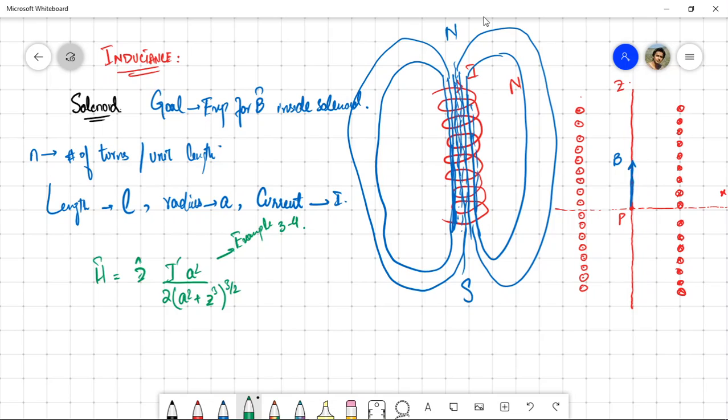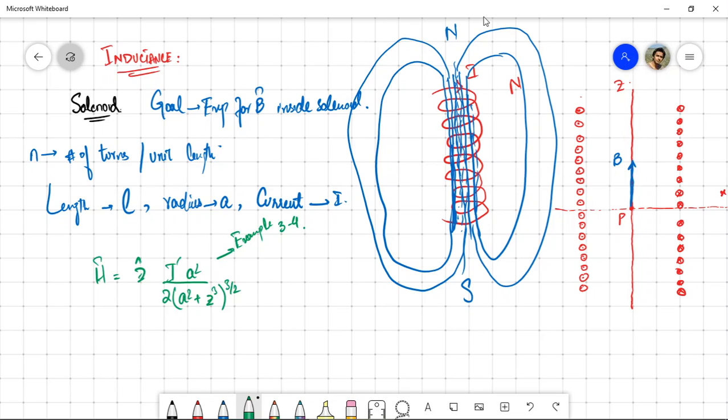This was the equation for the point at which we wanted to find the value of magnetic field due to a single circular loop. But now there are certain modifications in the scenario. We have a different number of turns, and we can't just use this expression to find the value at point P, because we have a lot of circular loops in this scenario.